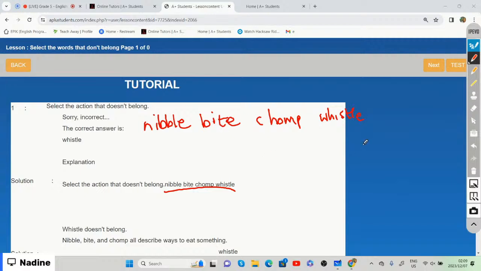What is a word that does not belong? These are not all related words. Words that are related have similar meanings to one another, which means that if I nibble something, it's the same as me biting on something. So which one of these words does not belong?